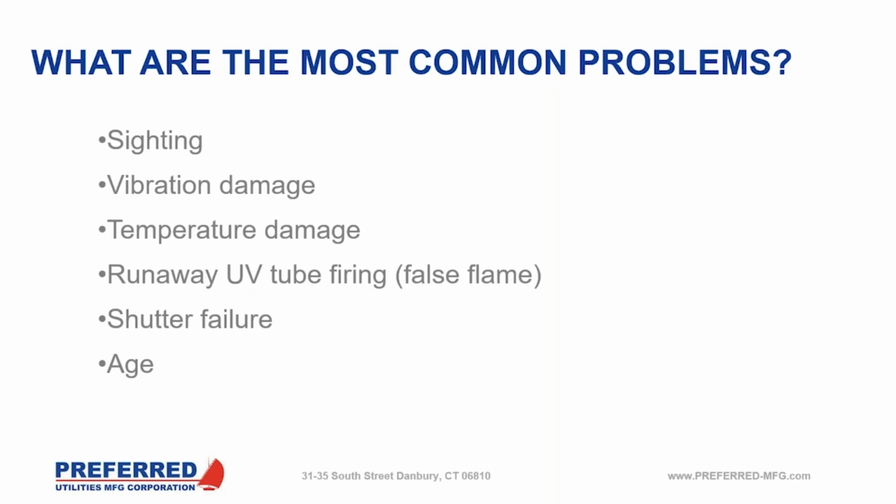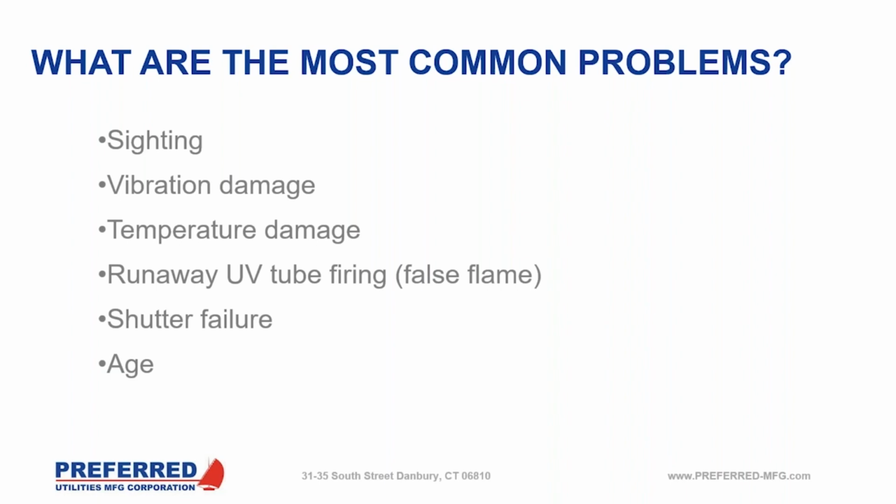What are the common problems? Same thing: sighting, vibration, which can damage the shutter as well as the tube. Temperature, I've seen that many times. And quite honestly, most manufacturers have a temperature recorder inside so they can tell if it's been over-temped. The runaway tube firing when it's not supposed to be. So when that shutter comes down and it's still firing or giving pulses to the flame safeguard, it knows that we've got a runaway tube and will shut down accordingly.